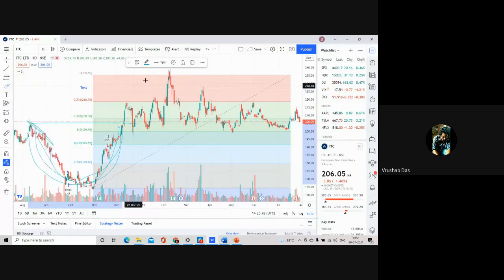I'm drawing the first triangle, and from here the highs are getting lower from one point to another. The third high point is lower than the second high point, and the fourth high point is lower than the third high point.